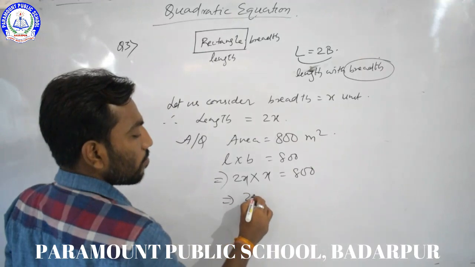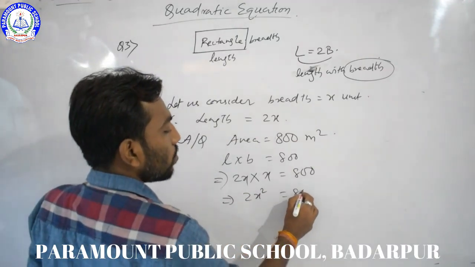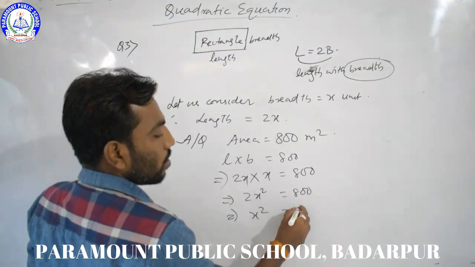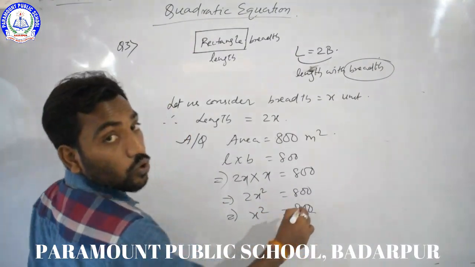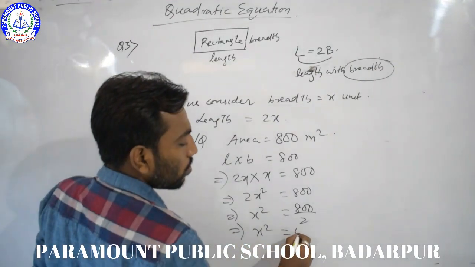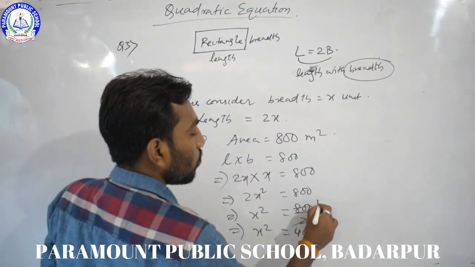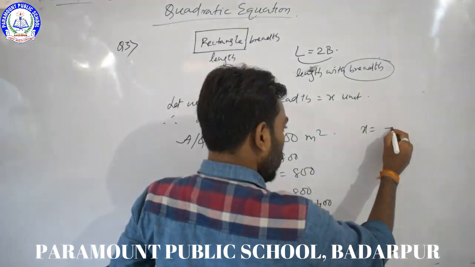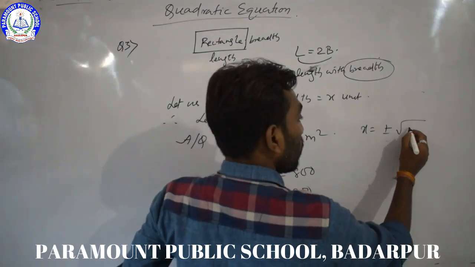2x into x is nothing but 2x square equal to 800. So x square is equal to 800 by 2, so x square is equal to 400. So we can see x value is equal to plus minus root over 400.